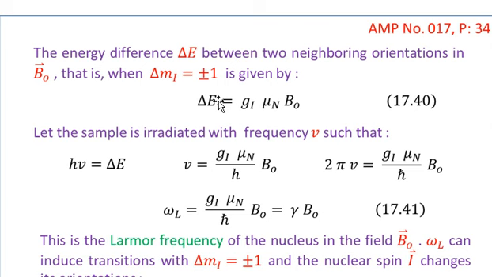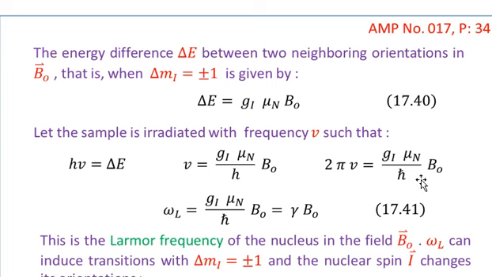If we irradiate such a material with a frequency nu, chosen in such a way that the quantum energy of the incident light, h nu, is equal to delta E, that is, equal to the energy gap between the two consecutive hyperfine levels, then we can solve for nu and get this result.